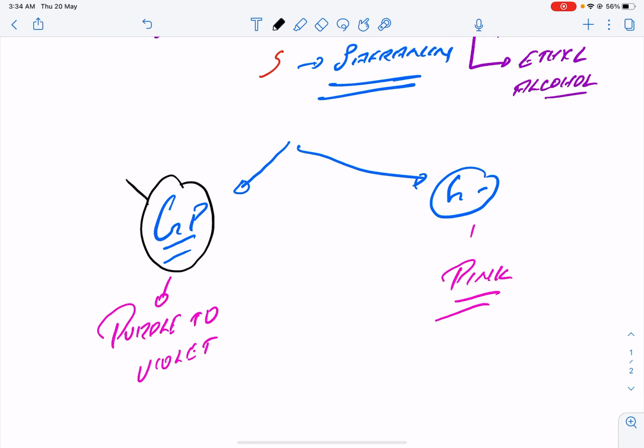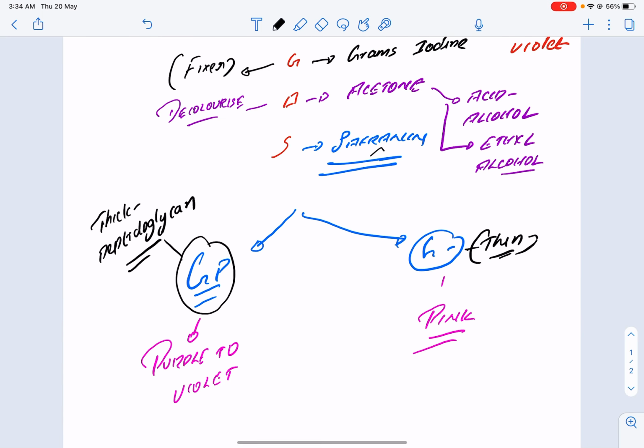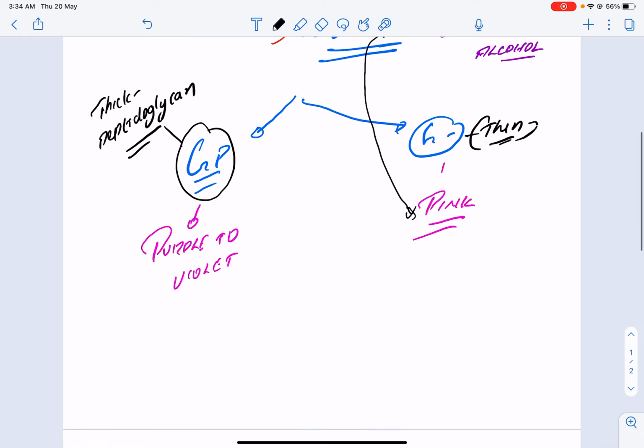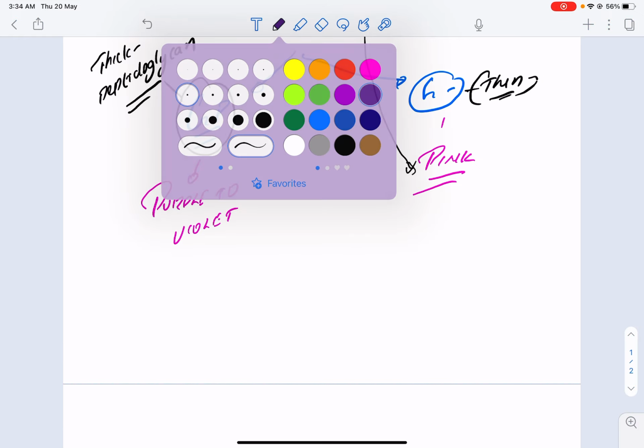Gram positive bacteria have a thick peptidoglycan layer, so they stay stained and cannot be washed out. But gram negative have a thin cell wall or thin peptidoglycan layer. As a result, it will be washed out, and they take the second stain, safranin, that will give them pink color. So that's how gram positive are purple to violet and gram negative are pink, as you all know.